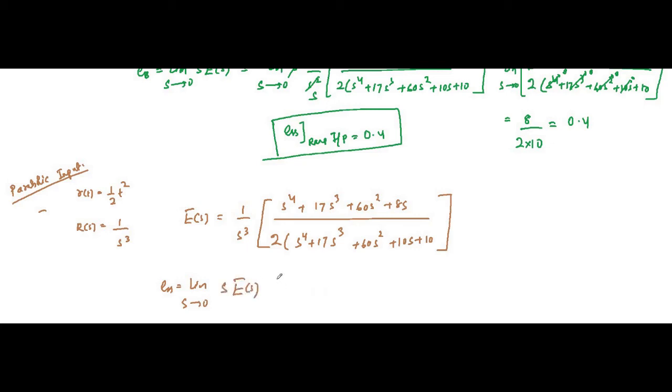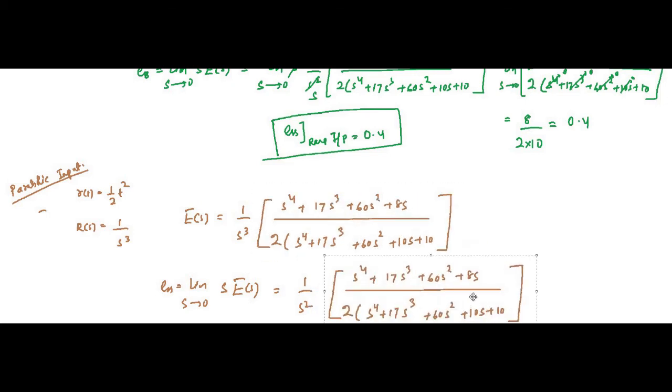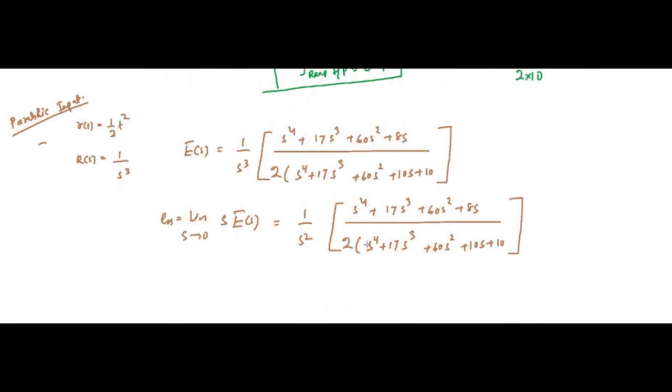So this will become s multiplied with this, it will become 1 by s square. When we multiply s with E(s), s gets multiplied here and it becomes 1 by s square.